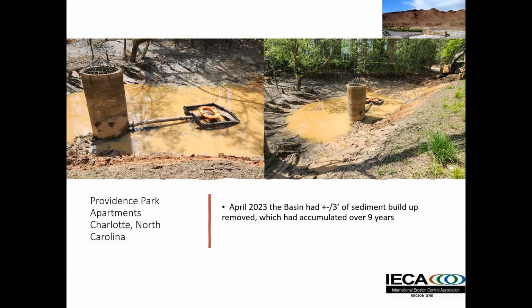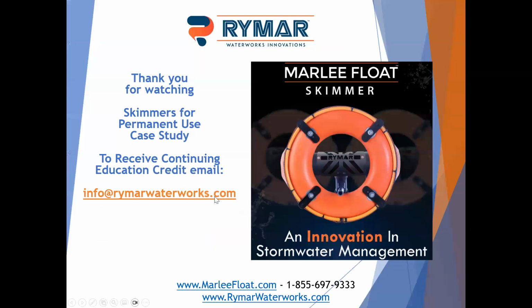But obviously, as ponds do, they trap a lot of sediment in the basins and will require cleanup eventually. Again, this is a heavy natural area, a lot of organic debris as well as sediment accumulating here. So maybe even a little sooner than most, but 3 feet of sediment in that area over 9 years could easily be expected.